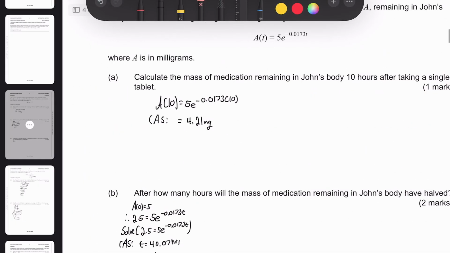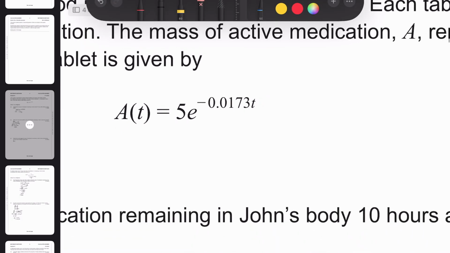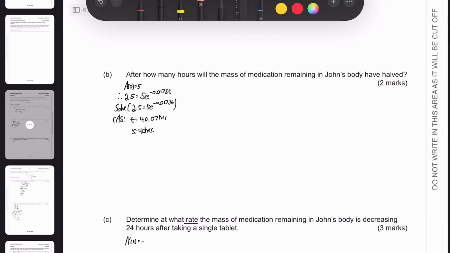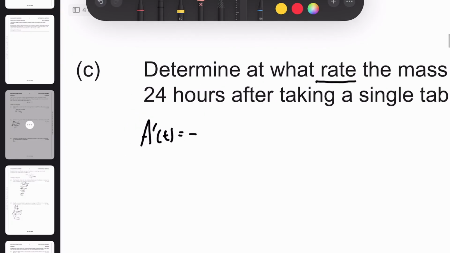Remember, when we're differentiating exponential functions, all we do is take this coefficient and put it as the coefficient for the e, since this is the derivative. So we're going to have negative 0.0173 times 5. Then we're going to have e negative 0.0173t, since that stays the same. Then this is 0.06.